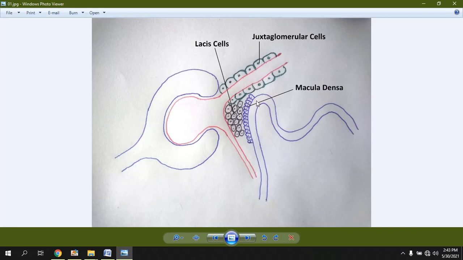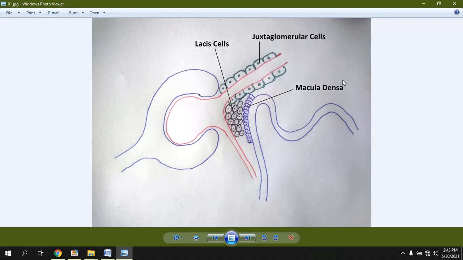You can see the side of the distal convoluted tubule which is in contact with these cells, the Lacis cells, is densely packed. Almost all over the distal convoluted tubule there are a large number of cells, but the number of cells on this side is very high, densely packed. This side of the distal convoluted tubule is very densely packed. That's why this is called macula densa. Macula is derived from the word spot.